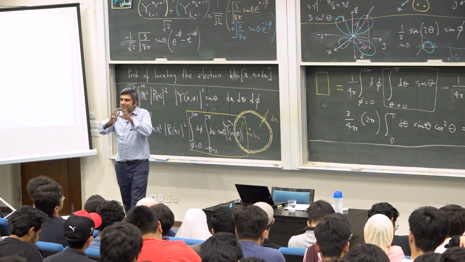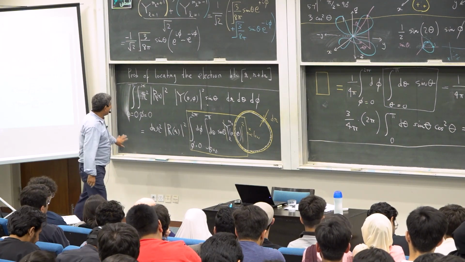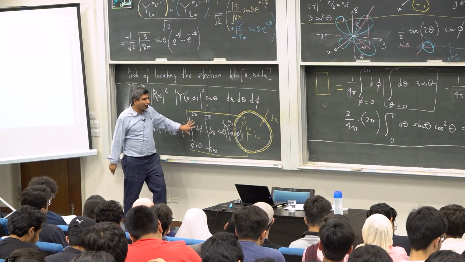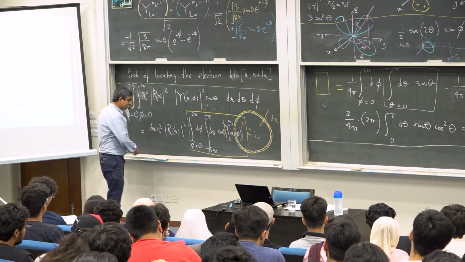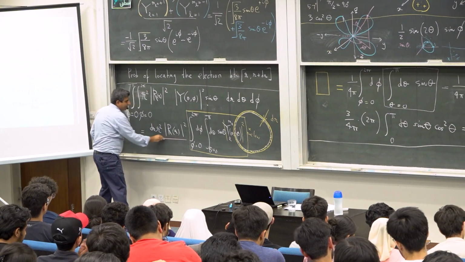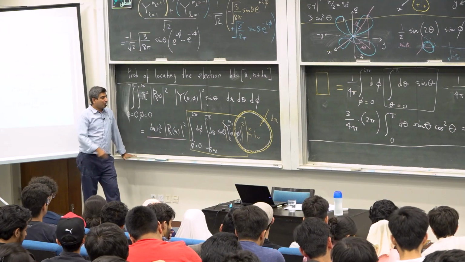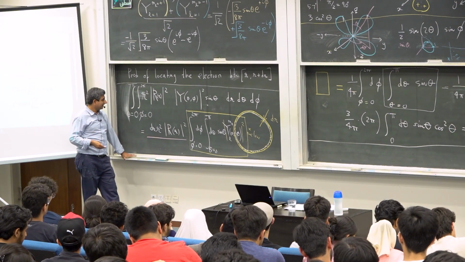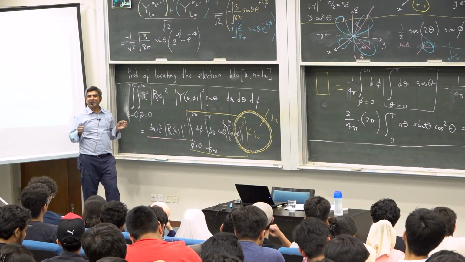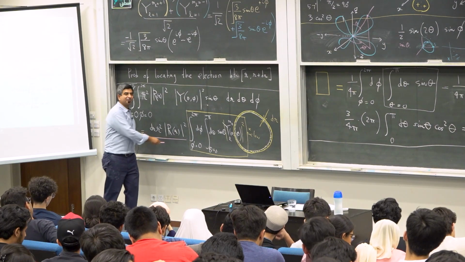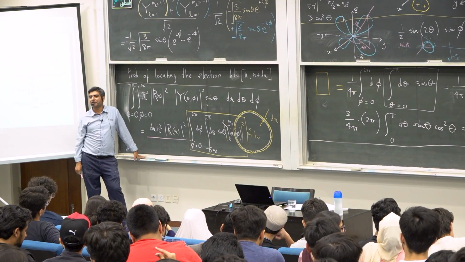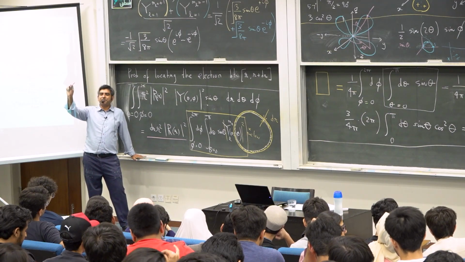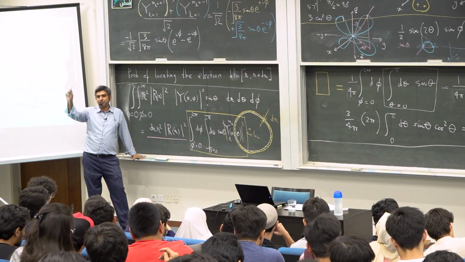Now what's turning out to be the case is that if I look at this integral, all of this equals 1. So now let's look at what's left behind. Doesn't this look like a one-dimensional problem? No murmurs, please. This is really important.